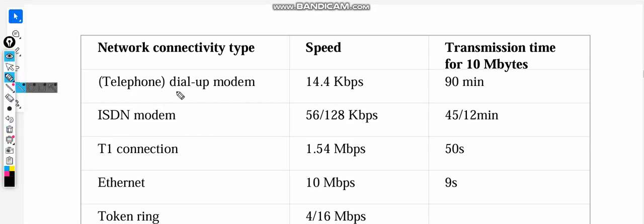If I use a dial-up modem, for example in a telephone, the speed is 14.4 kbps and the transmission time for 10 megabytes of data is 90 minutes.